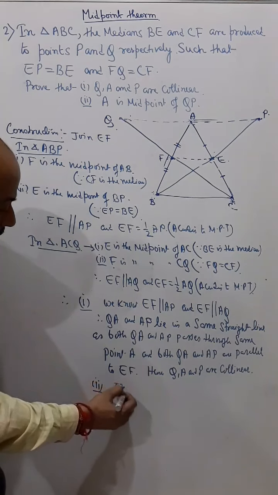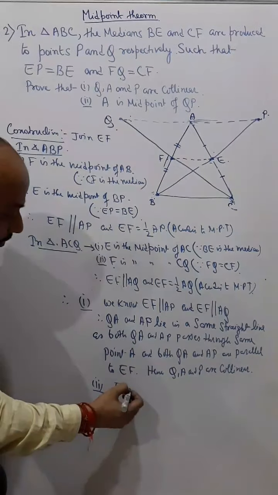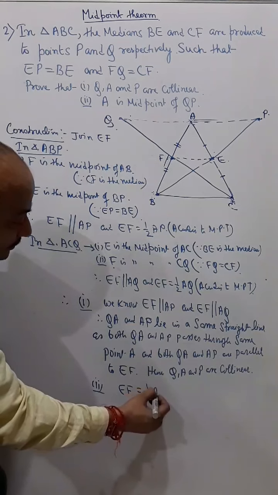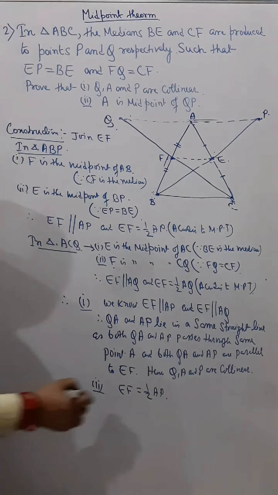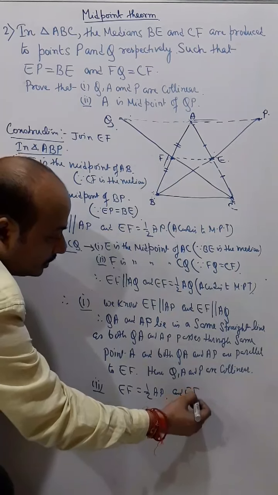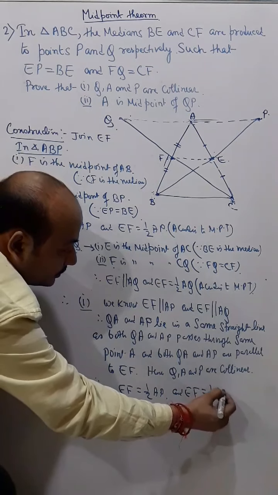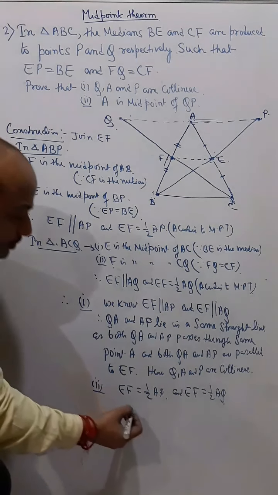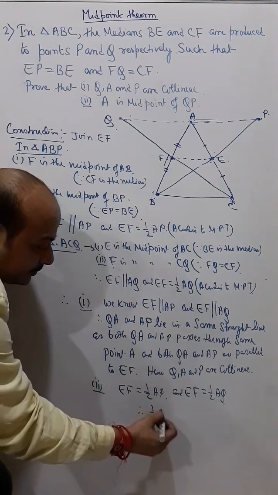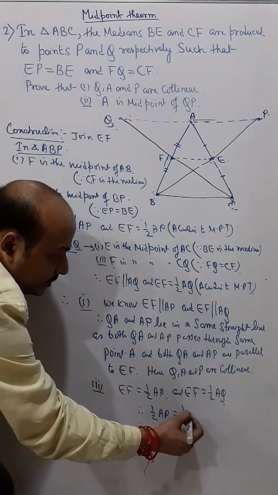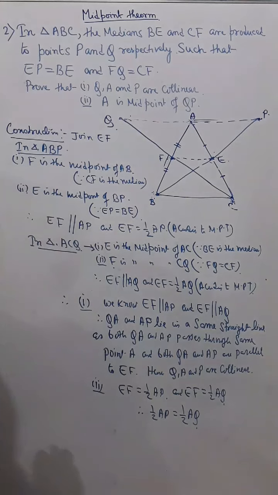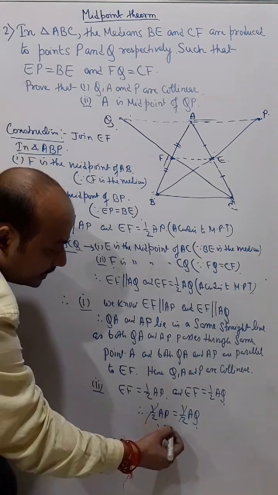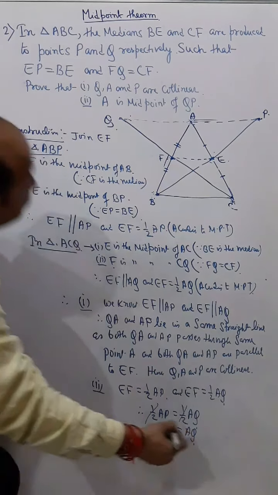Okay, and similarly number 2, from these two parts we have proved that EF is equal to half of AP and EF is also equal to half of AQ. So therefore finally we can say that half of AP is equal to half of AQ, and therefore AP is equal to AQ.